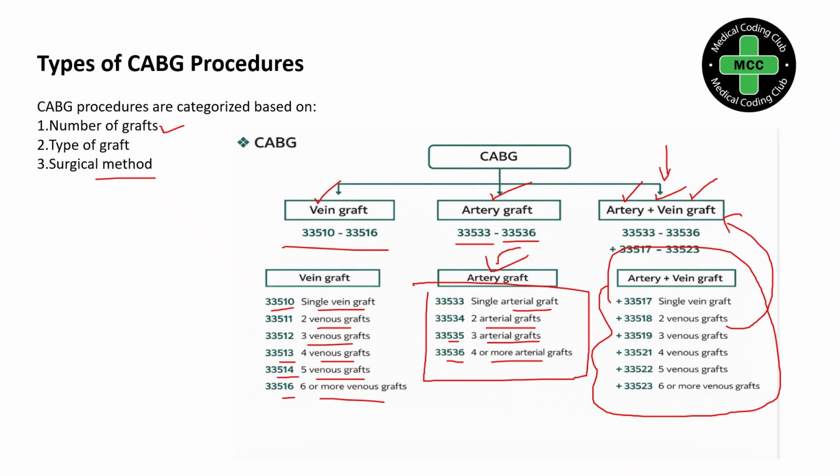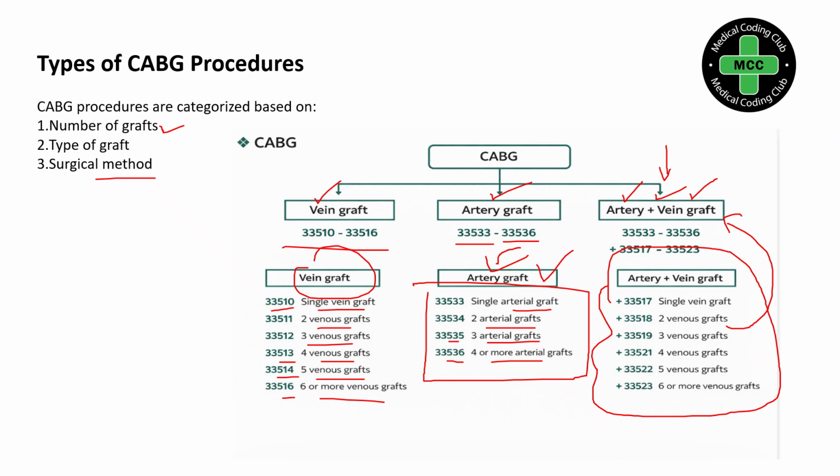In this vein graft coding, we have primary codes. This vein graft code will be used only when the provider is utilizing vein graft alone. When it is a single procedure related to vein, we take the primary code. But when it comes to artery plus vein graft, you code the arterial primary graft, then you take the vein graft add-on codes.